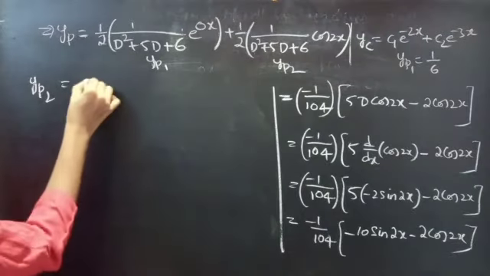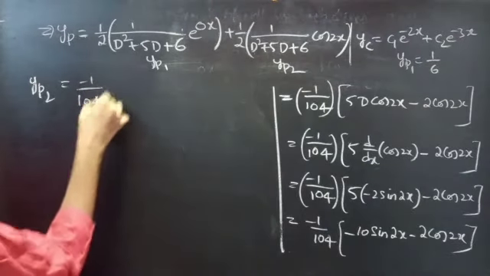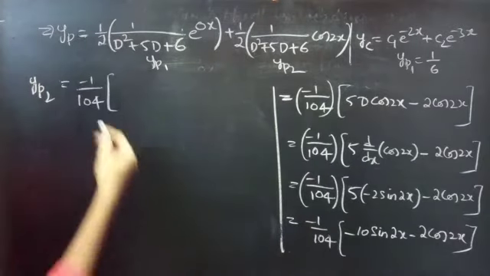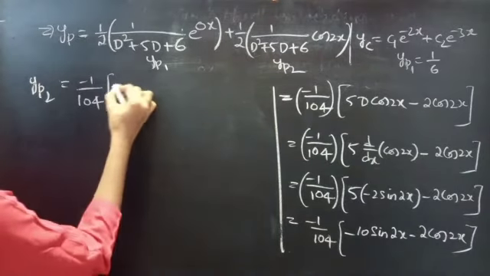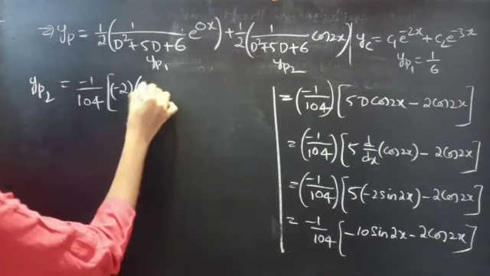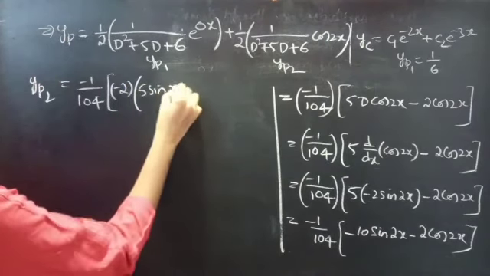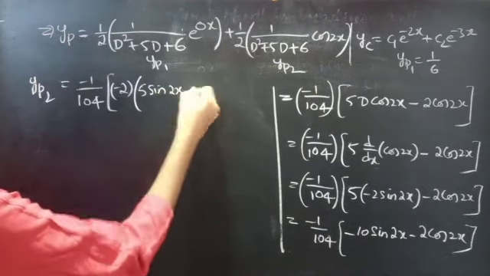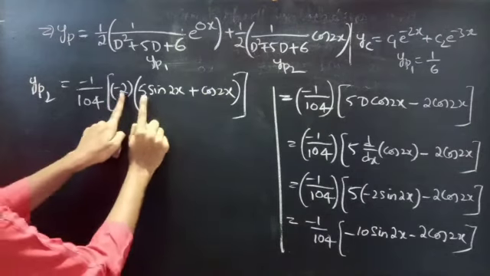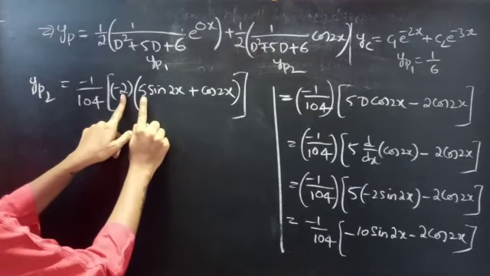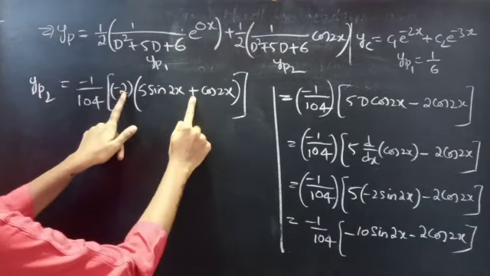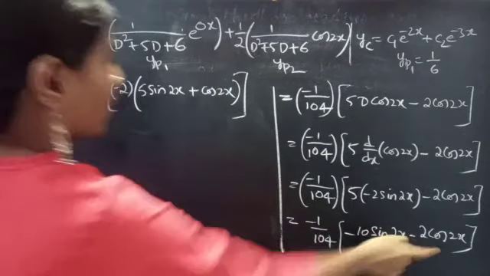So let's take -2 common from the two terms under the square brackets. We'll get -2 into (5 sin 2x + cos 2x). See, -2 into 5 is -10 sin 2x, and -2 into +1 is -2 cos 2x. You'll get the same thing.